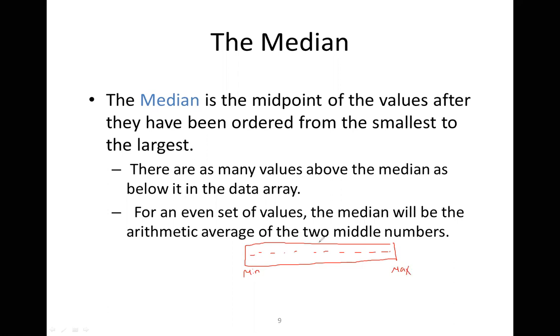After sorting, the value in the middle, where you have 50% less than it and 50% greater than it, we name it the median.